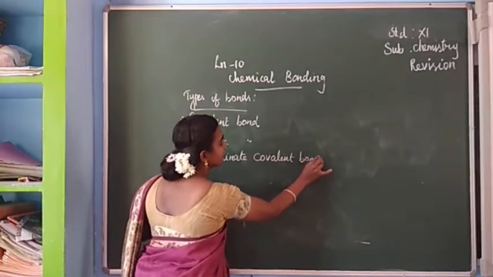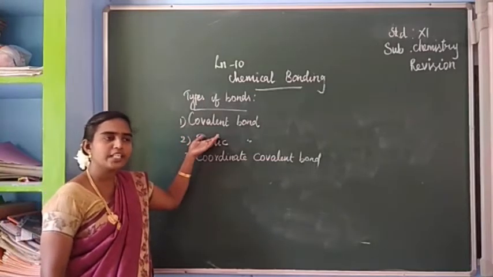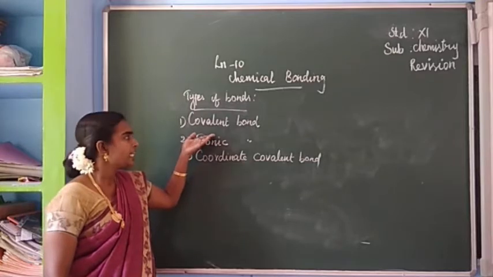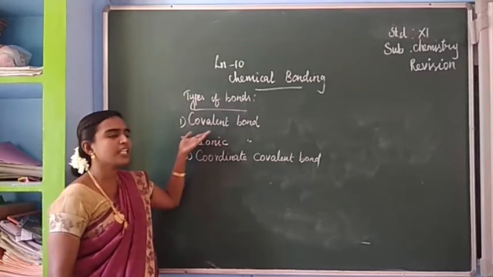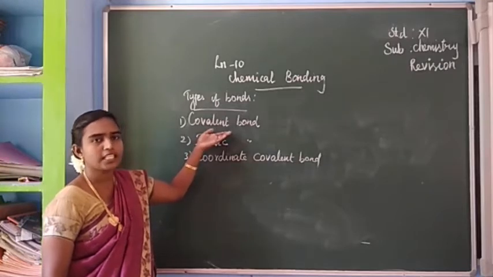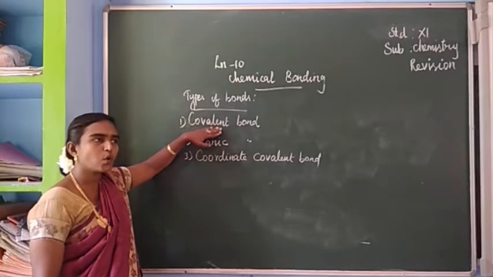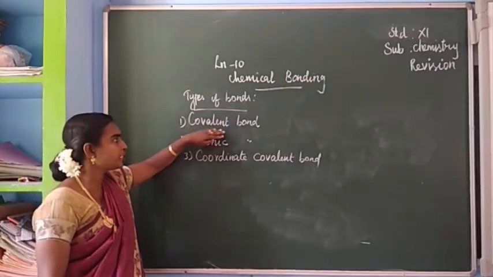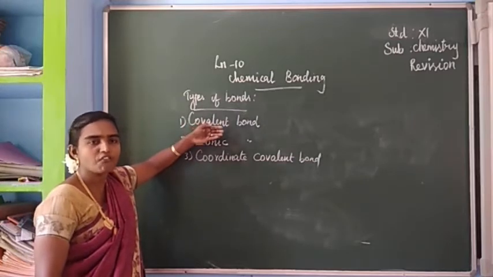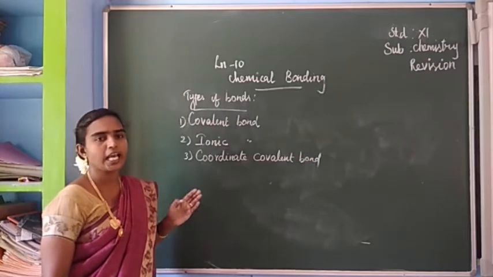So first one, a chemical bond exists between two atoms in a molecule by mutual sharing of electrons. So such type of bonds, that force is called as covalent bond. Okay. So what is covalent bond? So it should be the chemical bond which is formed as a result of mutual sharing of electrons in between the atoms.